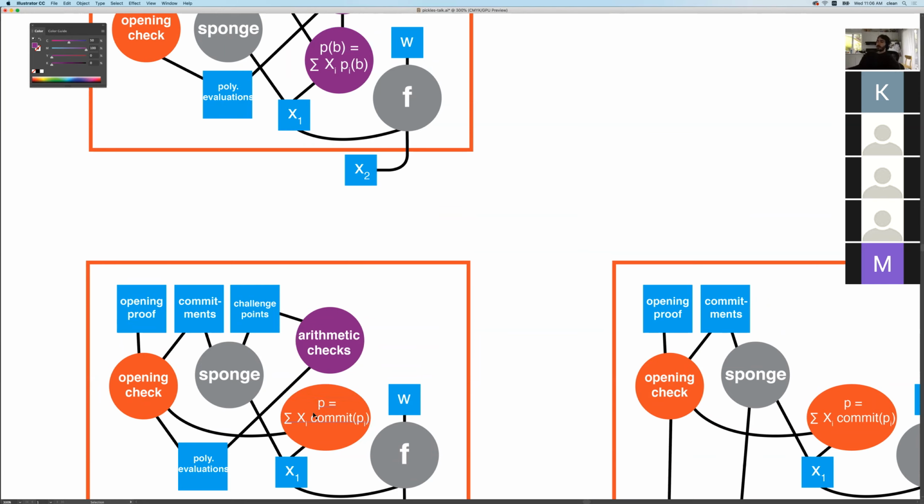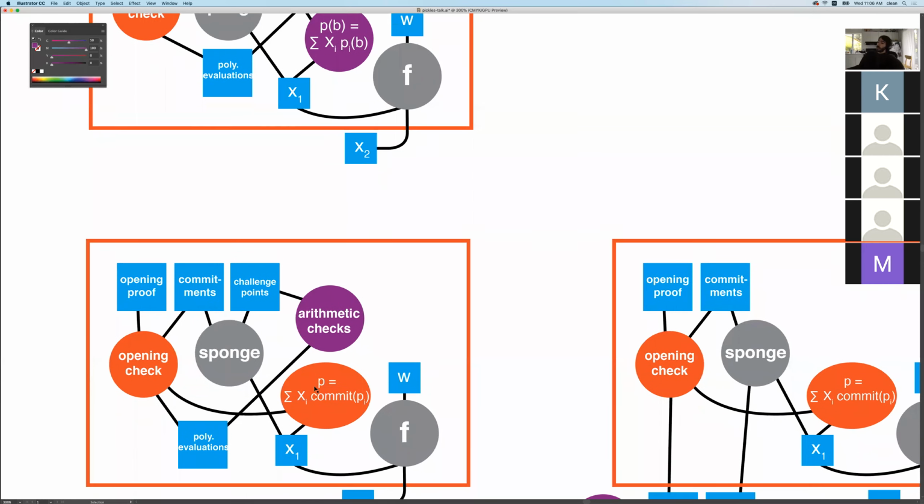Then inside of the circuit, we scale them by the elements xi, and compute the commitment to this overall polynomial p. Then we can request an opening proof for this polynomial p at this point b, and verify that opening proof inside of this orange computation. So we effectively evaluate p without actually having to evaluate p.